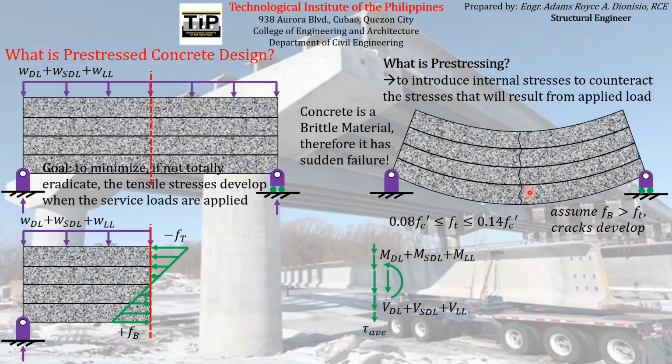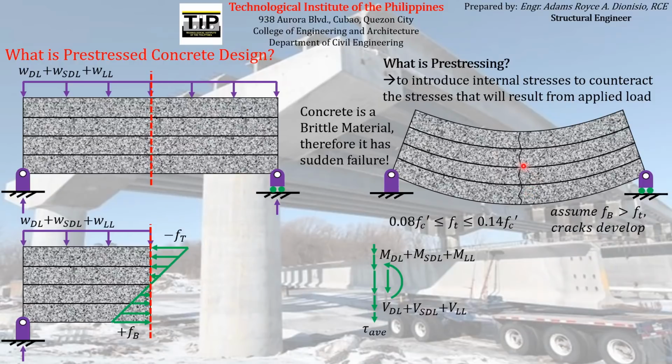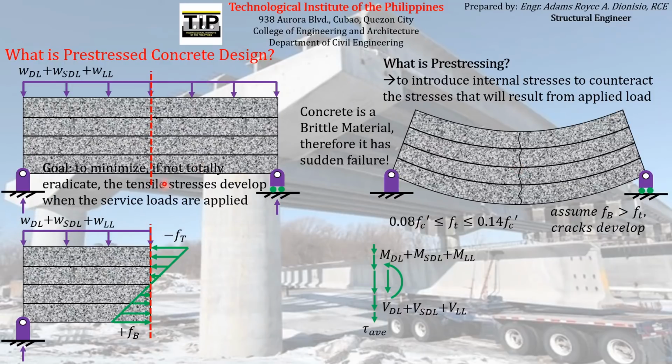So our goal is to prevent this scenario kung saan cracks will develop and eventually will cause failure to the concrete. To prevent that scenario from happening, our goal is to minimize, if we cannot totally eradicate, the tensile stresses developed on this bottommost fiber of the concrete beam when the service loads are applied.